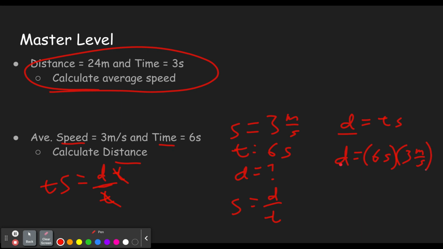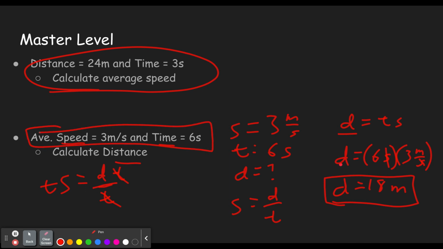So we're going to multiply 3 times 6, and D equals 18. We have a seconds in the numerator, canceling with a seconds in the denominator. That leaves us with meters as our final answer. So you'd look for a little box. If you saw this in one box, you'd look for another little box that looked like that.